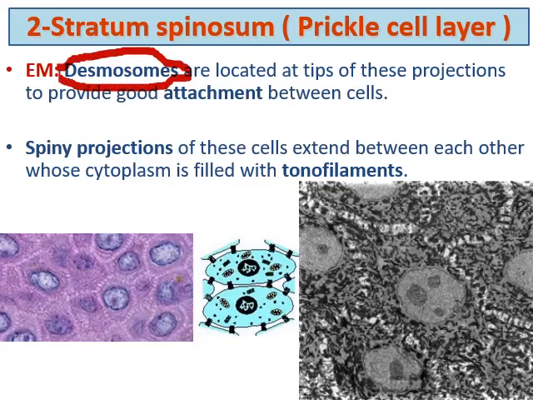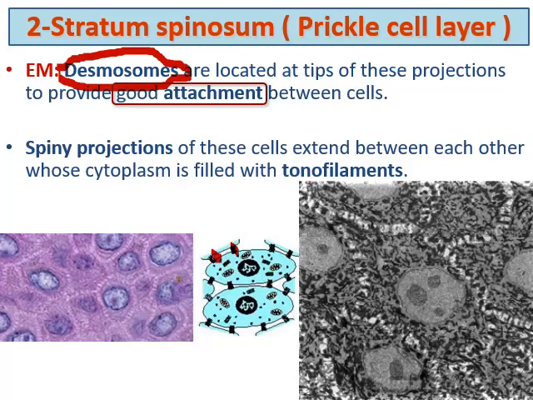Which are located, as we see here, at the tips of the spiny projections. The desmosomes are present at the tips of the spiny projections of the keratinocyte to give good attachment between the cells.